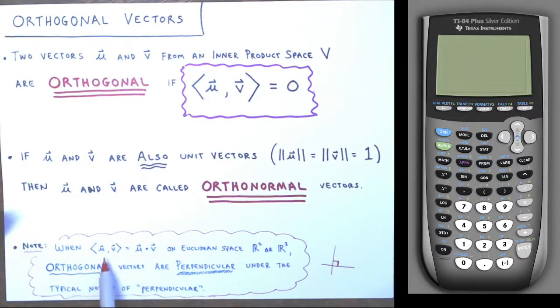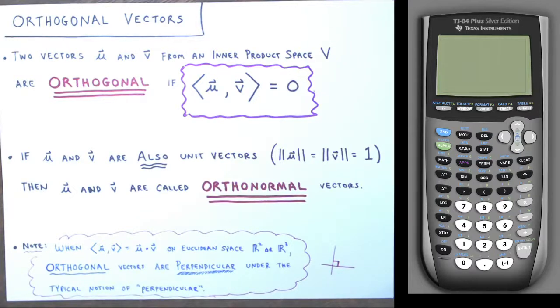Now, that's only when the inner product is the dot product. If the inner product is some other function, not the dot product, the word orthogonal will not necessarily mean perpendicular in the typical sense that we're used to, crossing at 90-degree angles.